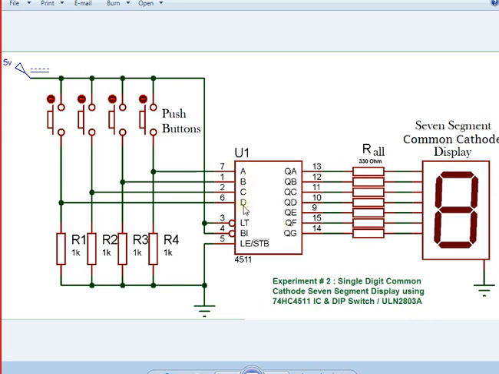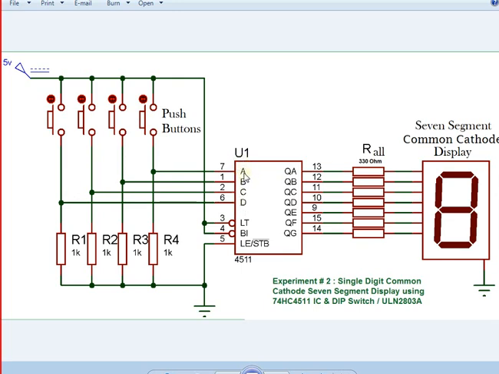So A, B, C and D are D0, D1, D2 and D3. Just like any binary number, D0 is the least significant bit, D1 the next bit, D2 the next one, D3 the next one, and this is provided through push buttons. As you press any one of them, or maybe all 4, supposedly you are pressing all 4, you are providing 5, 5, 5, 5 on all these 4 pins.